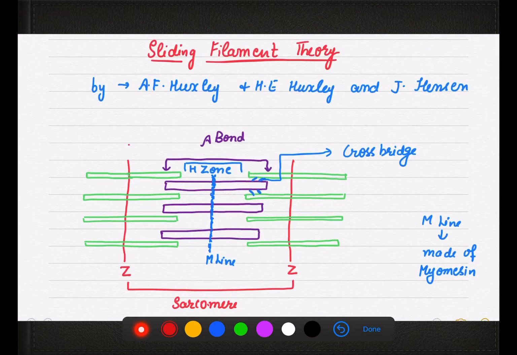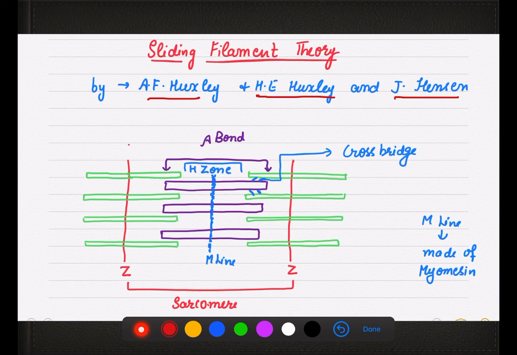Now let's move on to our next very important contraction mechanism, which is explained with the help of the sliding filament theory. That is given by three scientists, that is A.F. Huxley and J. Hansen. They describe the sliding filament theory, right?